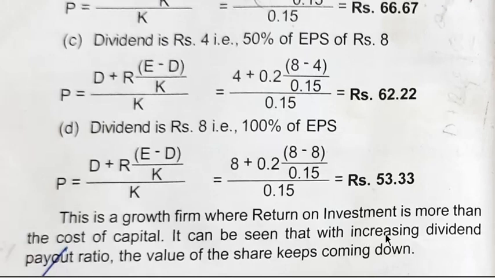It has been seen that on increasing dividend payout ratio, the value of the share keeps on coming down. As per Walter, when it is a growth firm, don't give the dividend. If the dividend goes on increasing, the market price also starts decreasing. So this is about Walter's model.